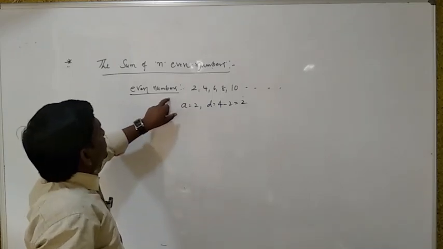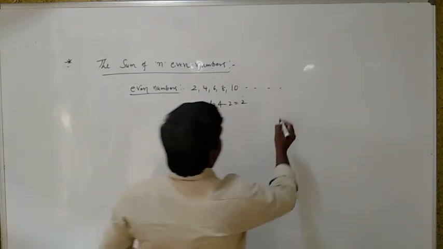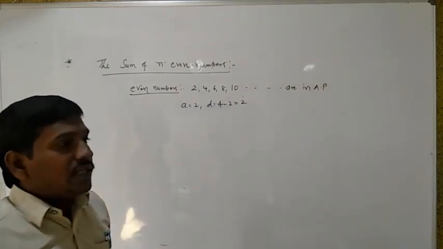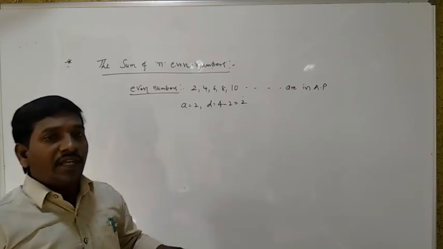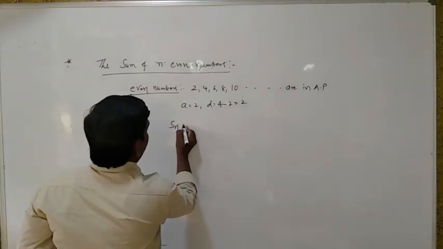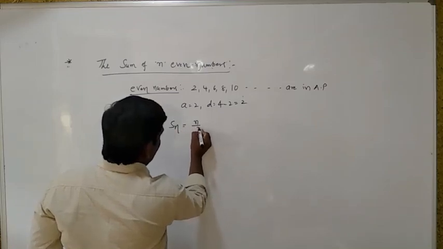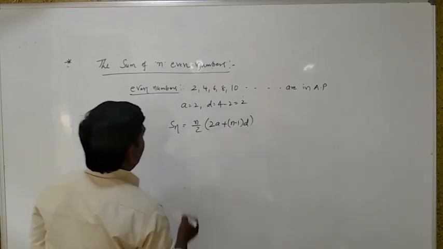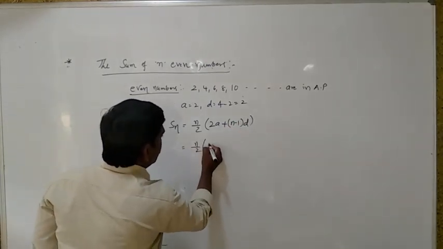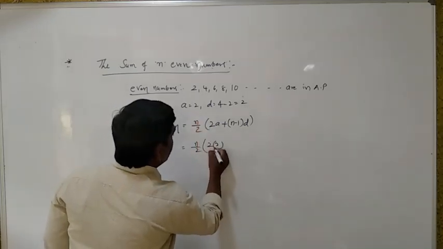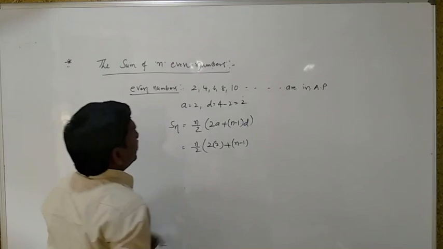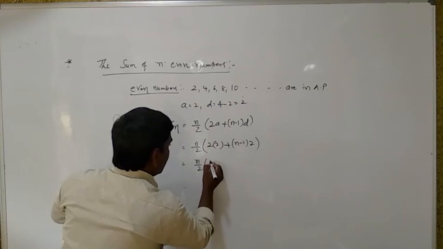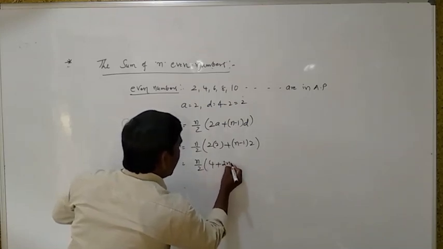So the series of the even numbers are in AP. So we can use the sum of n terms in an AP: Sn equal to n by 2 into 2a plus n minus 1 into d. n by 2 into a value 2, 2 2s are 4, plus n minus 1 into d, d is also 2, that is 2n minus 2.